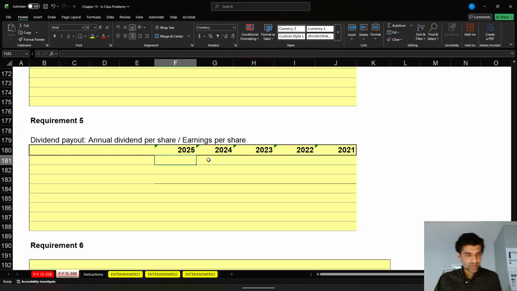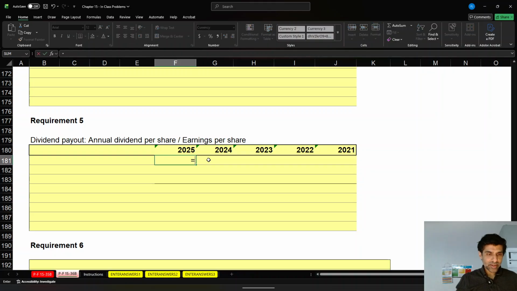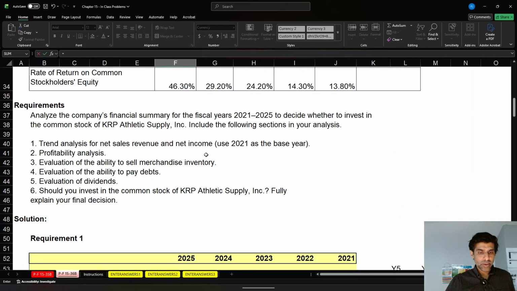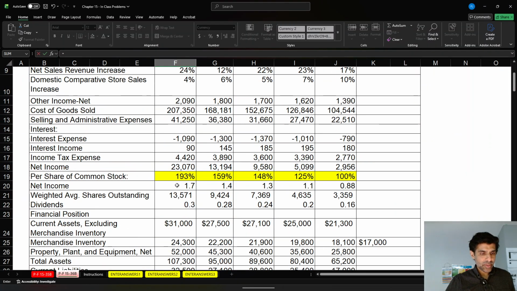Okay, but anyways, just so we calculate it: dividends per share divided by earnings per share. So we look at the dividends per share, which is this, divided by the earnings per share.